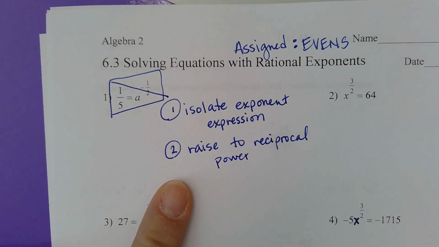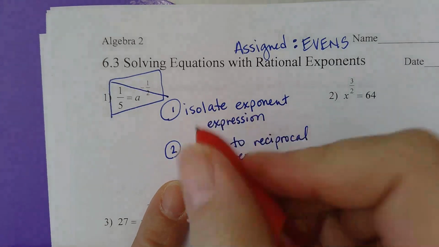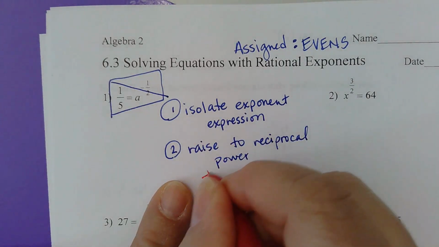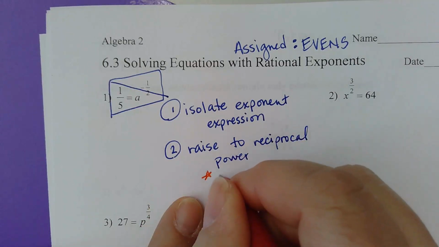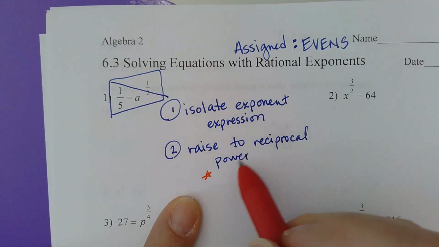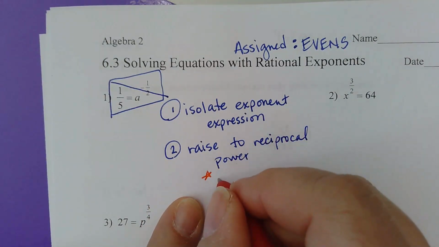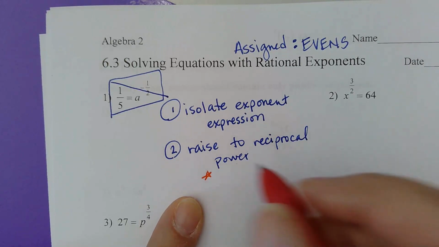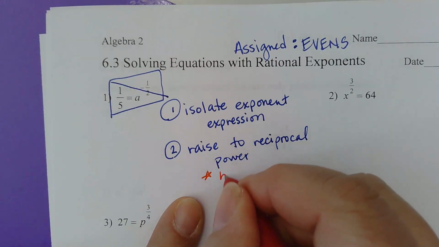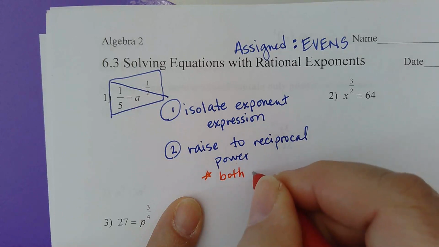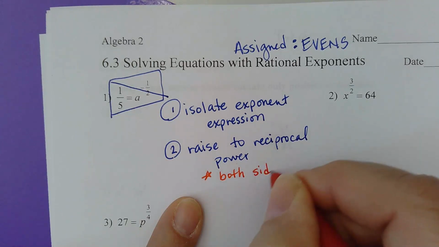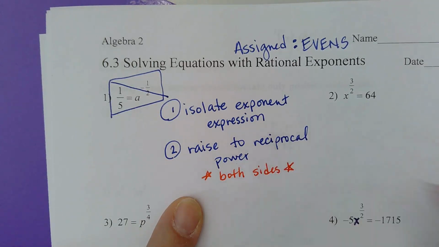You have to do that to both sides of the equation. Don't forget to do the side that doesn't show an exponent. If you choose to add this to the equation on one side of the equal sign, then you have to do that on the other side as well. Just like if you divide on one side, you divide on the other side. Or if you add, then you have to add.